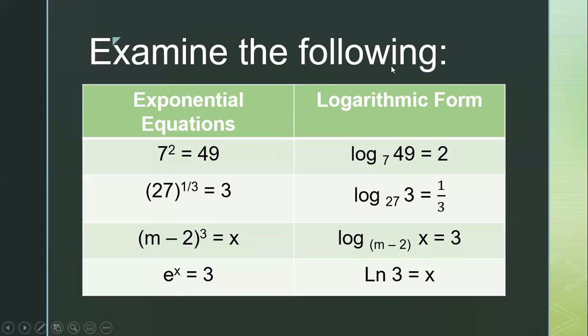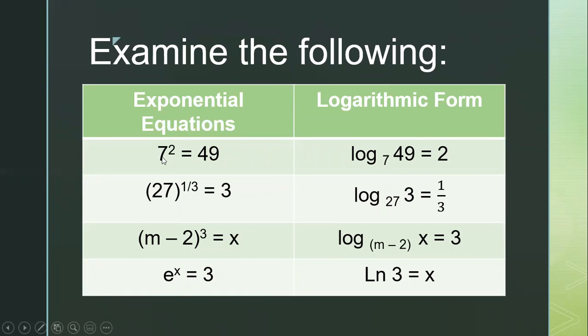Okay, so here are examples where you can see an exponential equation being transformed to logarithmic form, and vice versa, of course, where a logarithmic equation can be transformed to exponential form. So say we have the given exponential equation, 7 squared is equal to 49. So in logarithmic form, that is equal to the logarithm of 49 to the base 7 is equal to 2.